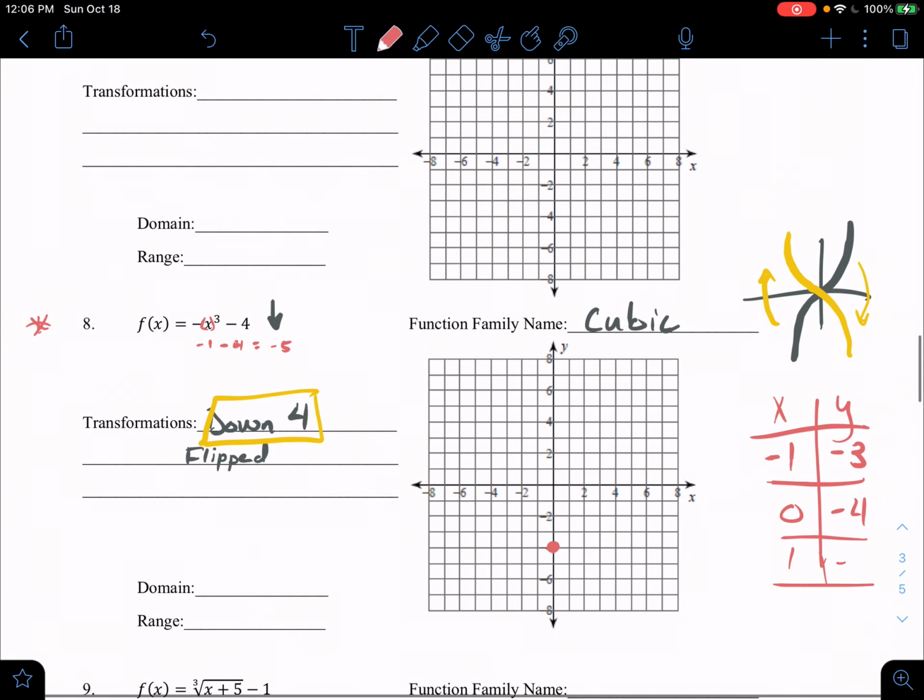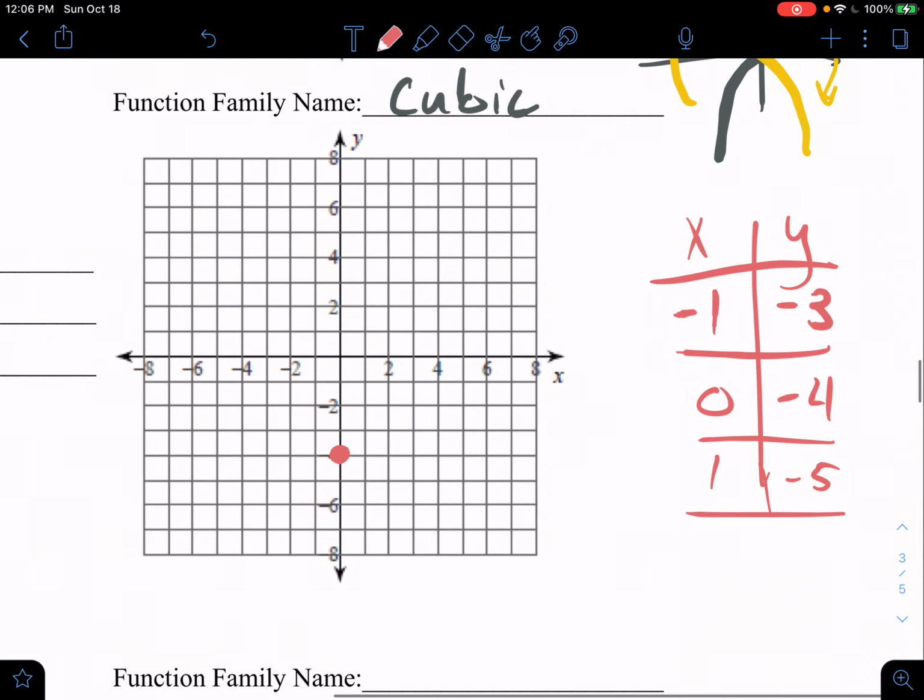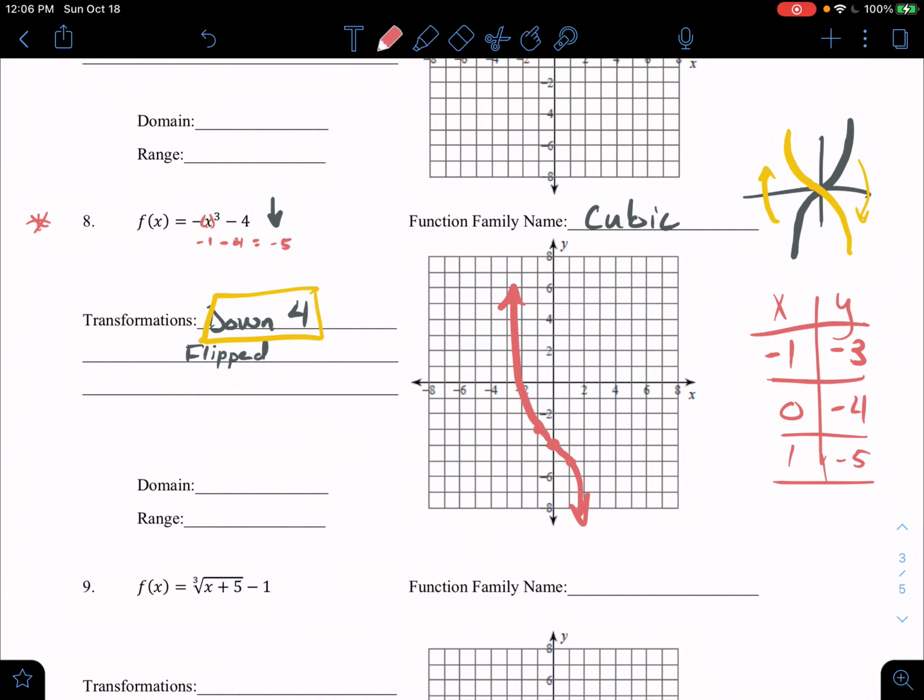So when you plug in 1, we get -5, which means -1, -3 would be right here and 1, -5 would be there. Since we know it's a cubic, it has to look pretty much like your basic parent function, just shifted. The domain will be all real numbers, and your range will also be all real numbers.